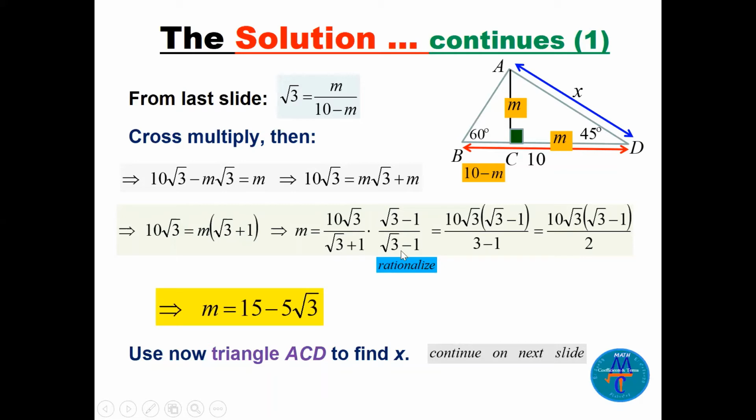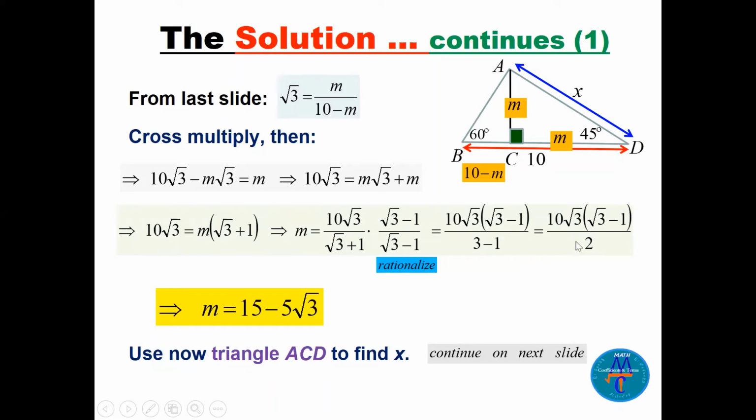It's a nice idea here to rationalize the denominator. So we'll multiply by the conjugate, square root of 3 minus 1. Down here in the denominator, we use the difference between two squares. So that will be 3 minus 1, which is 2. And this one, I leave this 10 square root of 3 in the bracket, square root of 3 minus 1, because I need to cancel with the 10 here.